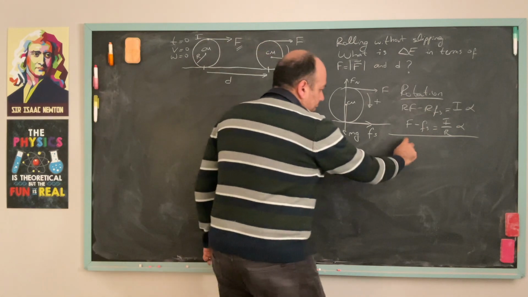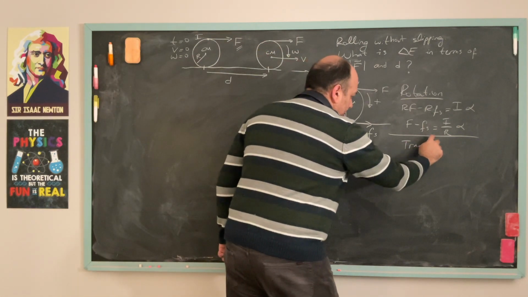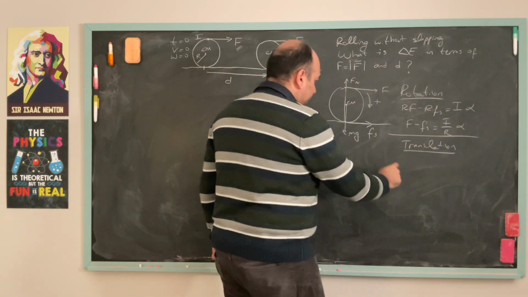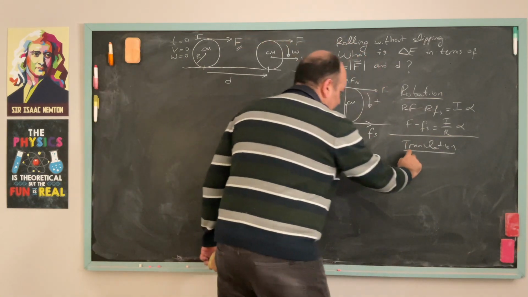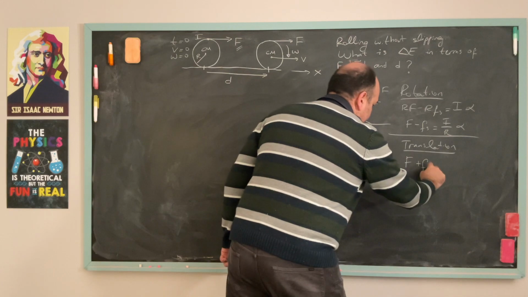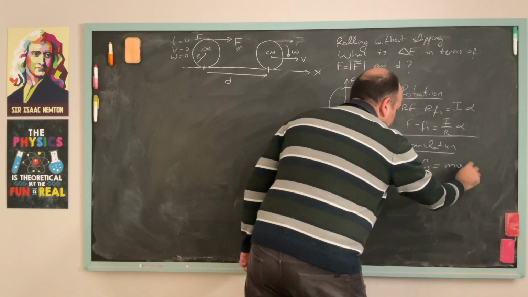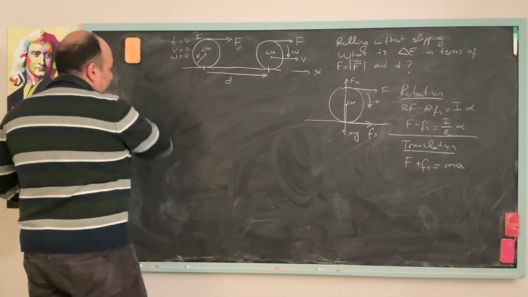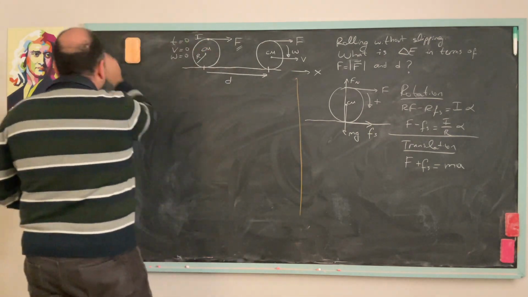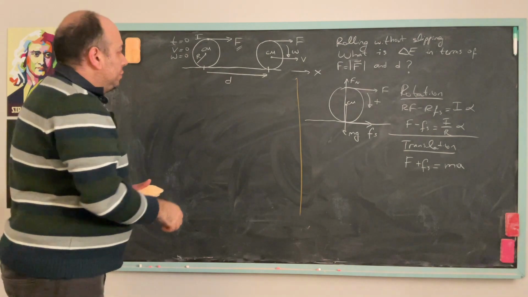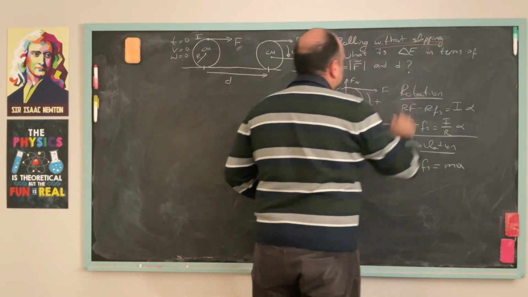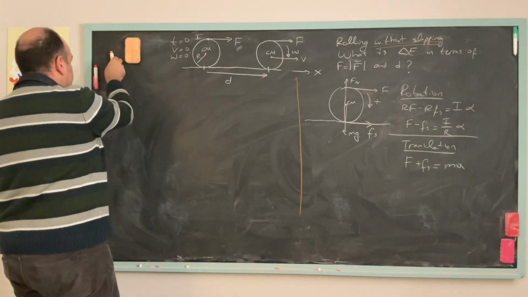How about the translation? Well, I have F and Fs pointing in the same direction. F plus Fs must be equal to mass times acceleration. So I have these two equations. What else can I do here? Rolling without slipping.